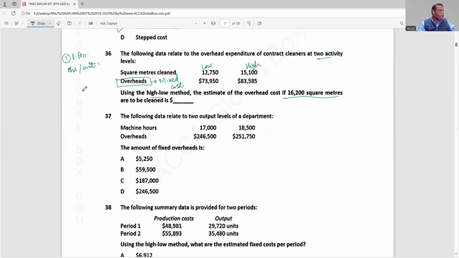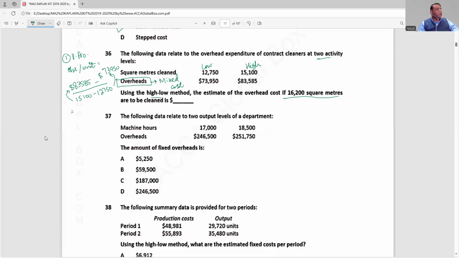So the highest activity level is 15,100, the lowest activity level is 12,750. Total overheads at the highest activity level are 83,585, and at the lowest activity level are 73,950.